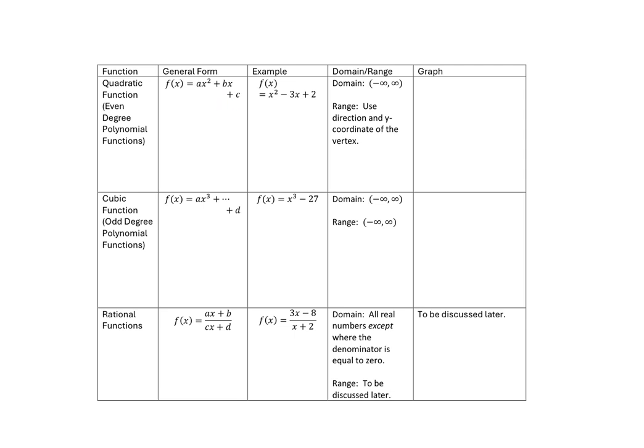So an example is x squared minus 3x plus 2. So for this one, again, note we have our domain is all real numbers. We also have our range, and so in order to determine our range, we do need to know the vertex and whether this opens up or down.